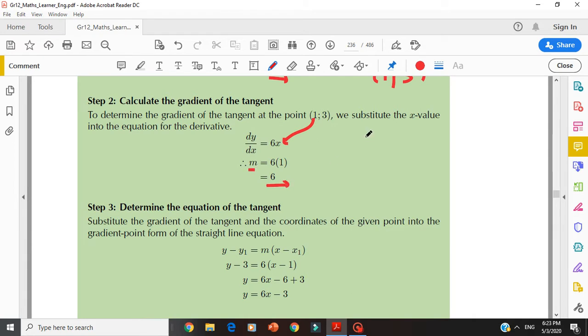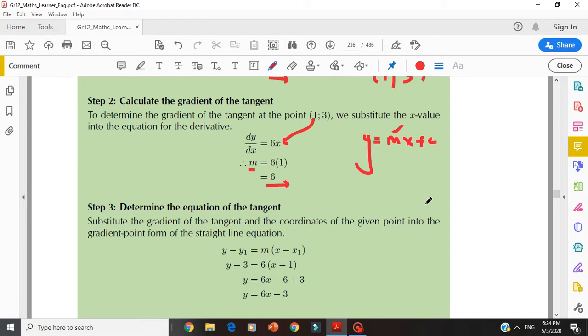Whenever you find the equation of a straight line, you know it's y equals mx plus c. And so we got the gradient. You just need a gradient and the point to solve the equation of a straight line.